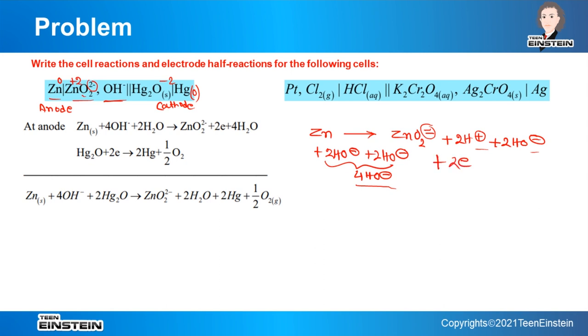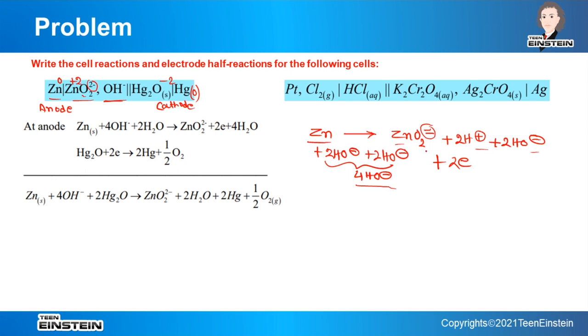Okay, and this is anode reaction, so this is oxidation reaction, so obviously electrons will be on the right hand side because Zn has lost electrons in the reaction. So this is the overall reaction, because here we will have Zn plus 4HO minus, then in the right hand side ZnO2 2 minus, and the remaining together will make 2H2O.